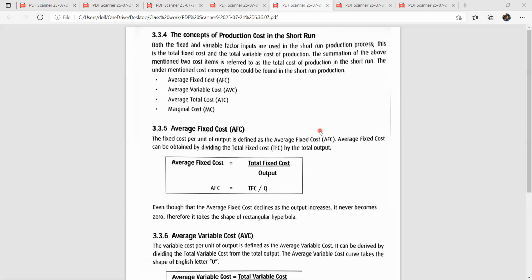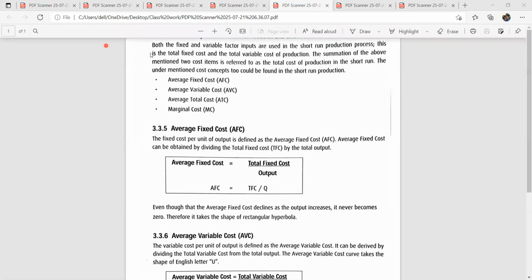So a number of concepts should be studied here. First of all, we have to know what is fixed cost, what is variable cost, as well as total cost. Thereafter, we will look at average fixed cost, average variable cost, average total cost, and marginal cost.